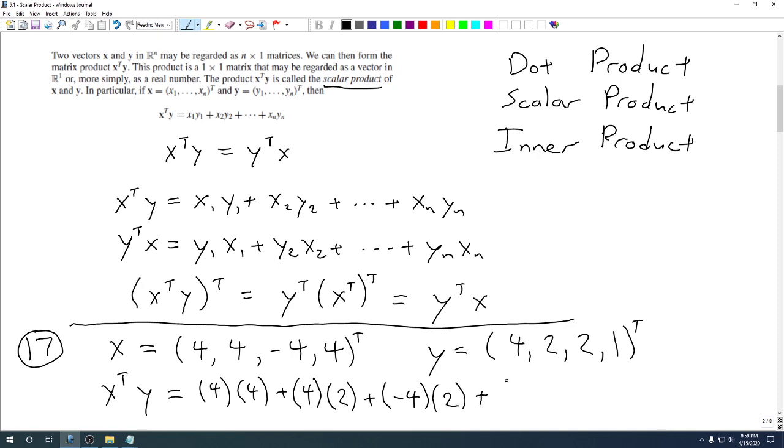And finally, we take that 4 times this 1. Now it's just a calculator question. We work these out: 16 plus 8 minus 8 and then plus 4. Ultimately, we get 20 as our result. So we have a single number that is the dot product or scalar product of these two vectors.